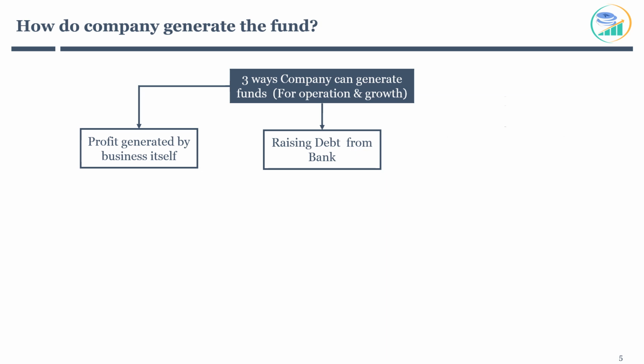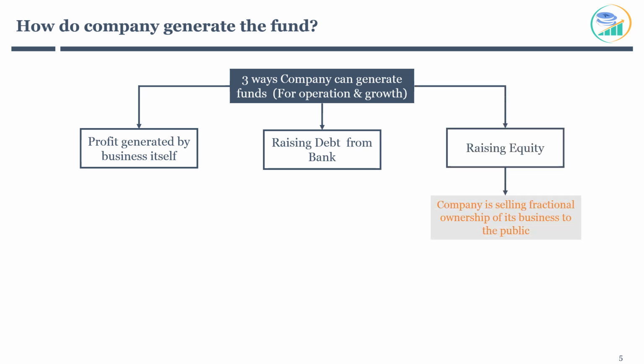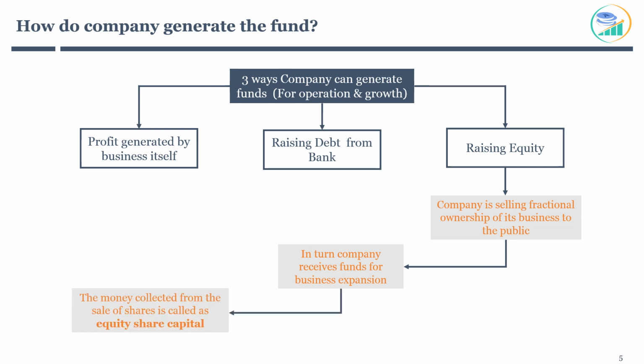Third, raising equity. This means company is selling fractional ownership of its business to the public. Public can buy shares and become owner of the business in the proportion to their shareholding. In turn, company receives funds for business expansion. The money collected from the sale of shares is called as equity share capital.